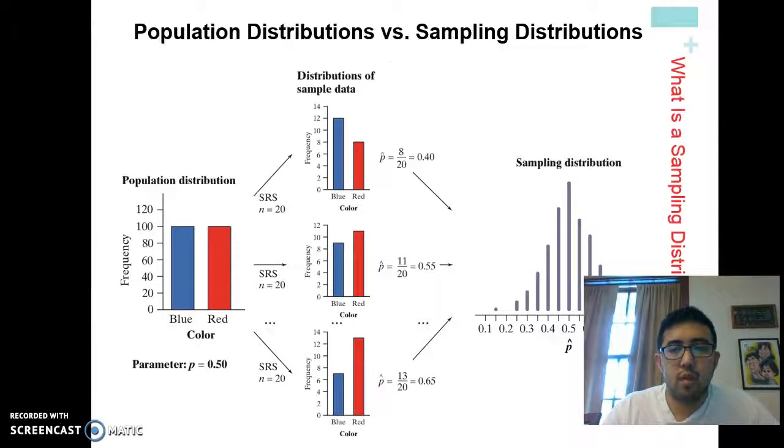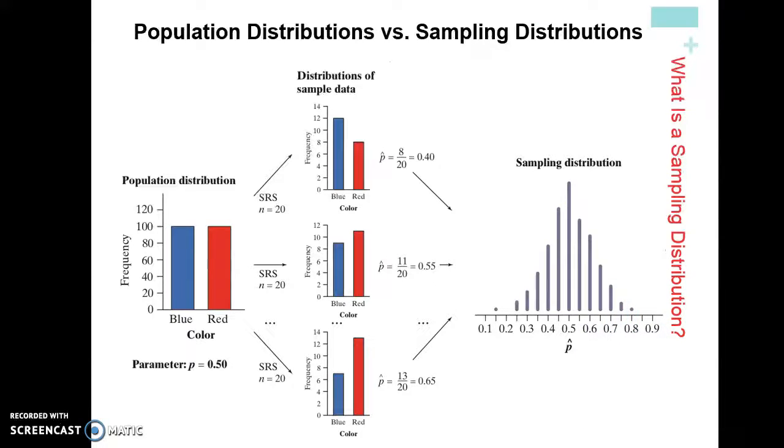Here is a picture. Let me hide myself so that you can see. The population distribution here is red and blue, and you can pretend this is black if you want, because we assume that half of these are red and half are blue or black.